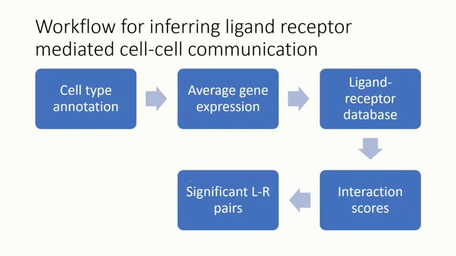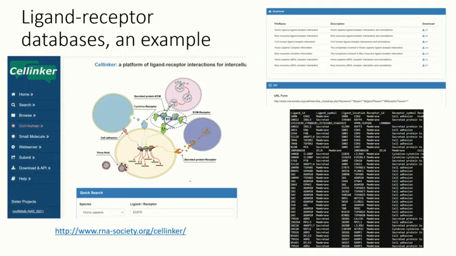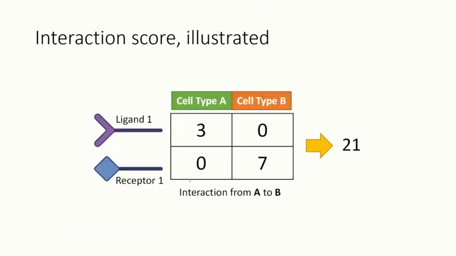Then you decide I want to study interaction between cell type 1 and 2, and then which pair. So you need to have 4 numbers to study a pair of cell types and a ligand receptor pair. You have to do this for all the ligand receptor combinations from a database. Each time you have 4 numbers.